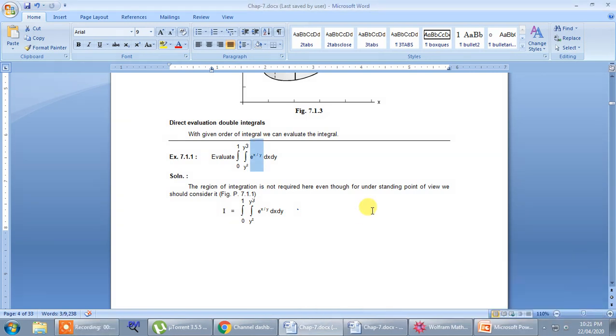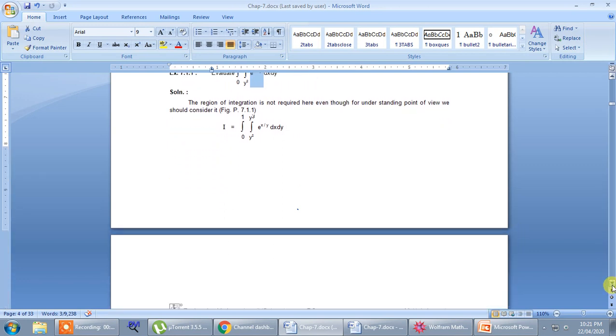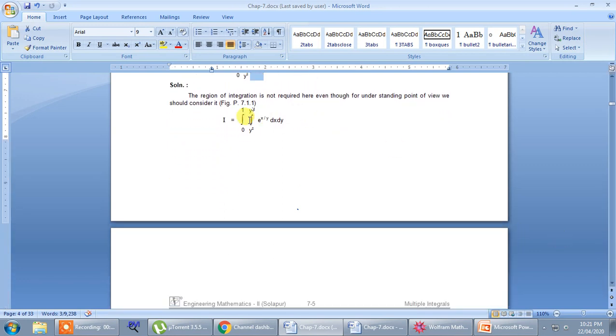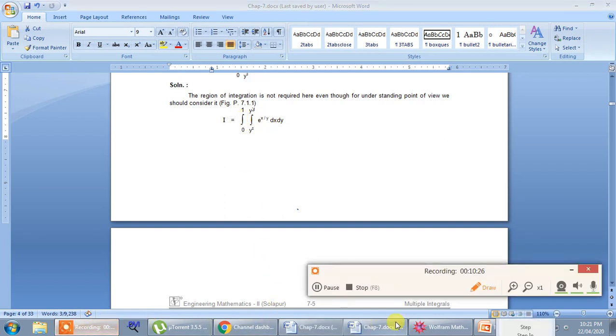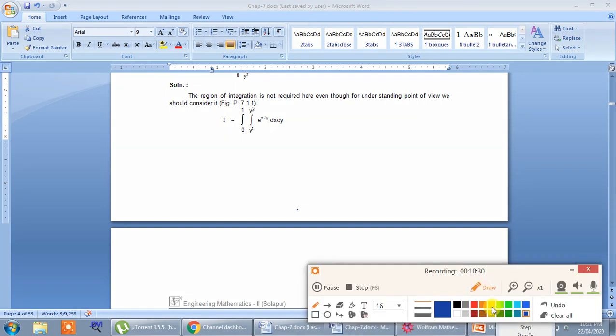If you are integrating first with respect to x, the very first thing you will do in the evaluation is keep the dy term outside the inner integration. We have a single dy term, and only dy can be taken outside the inner integration, but it should be inside the outer integration.